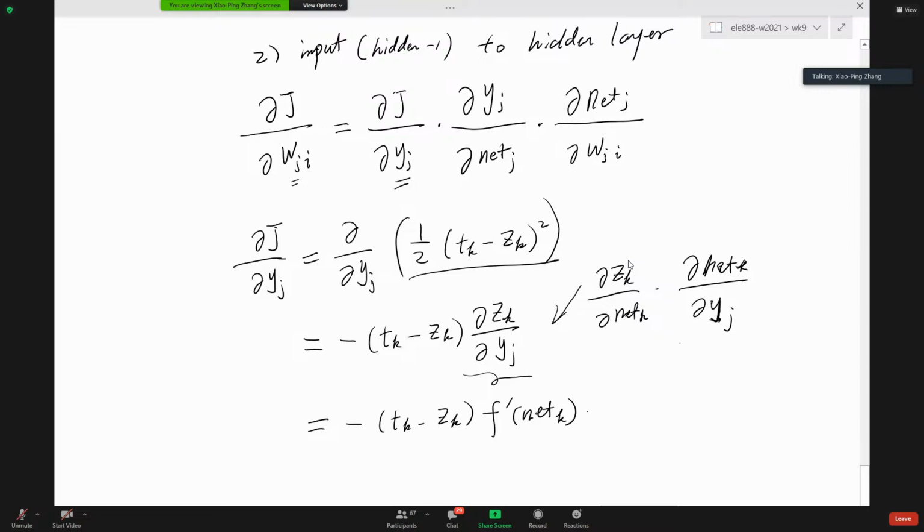Net k is a linear combination of yj. We just did that. This is wkj. So the net k partial derivative to yj is wkj, and its partial derivative to wkj is yj. Because these two multiply together, if you compute the partial derivative to one, the result is the other.